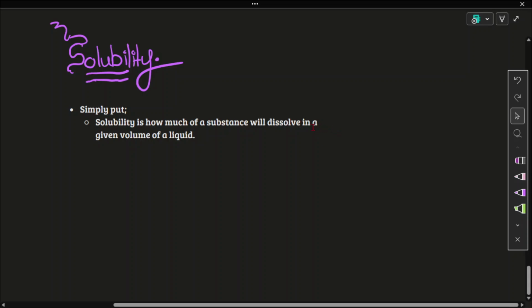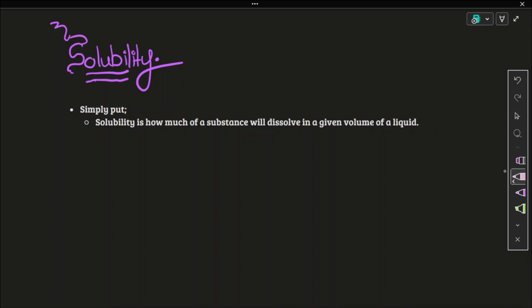Pretty straightforward, right? Now, when we talk about all these things, what's the liquid called? We call the liquid a solvent. So what's the substance called? Solute. Simply, solubility is how much of a solute will dissolve in a solvent.